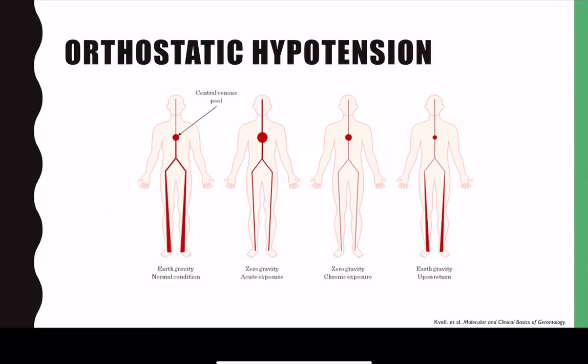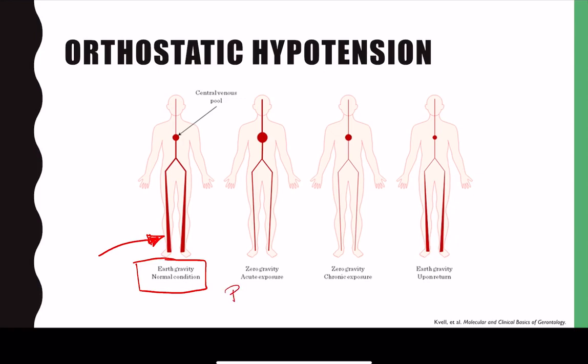And then what happens when you get them out of bed for the first time? This is an image that shows orthostatic hypotension that occurs in astronauts, but it works the same with someone who's been in bed for a while. When they were pre-bed rest, earthbound, normal conditions, we have, as illustrated by the red coloring on this picture, a lot more blood that pools in our feet.